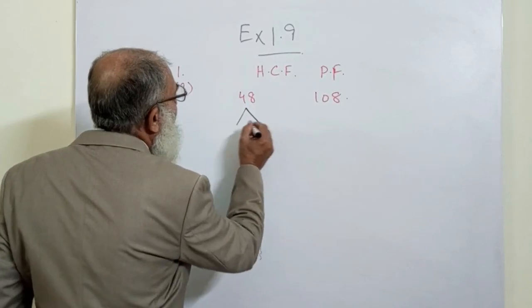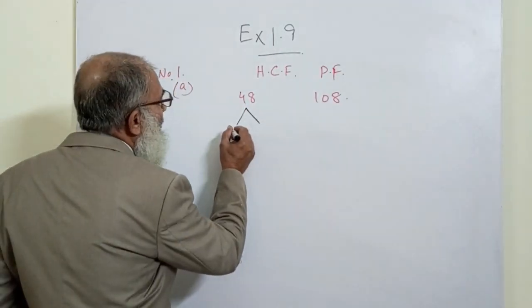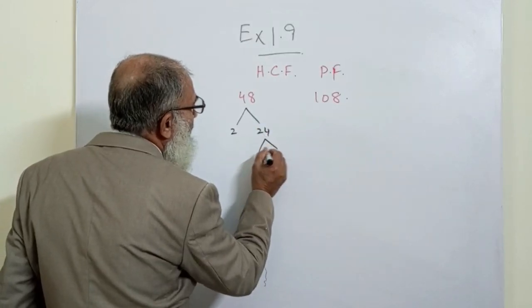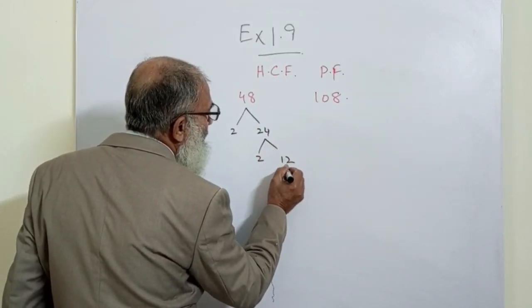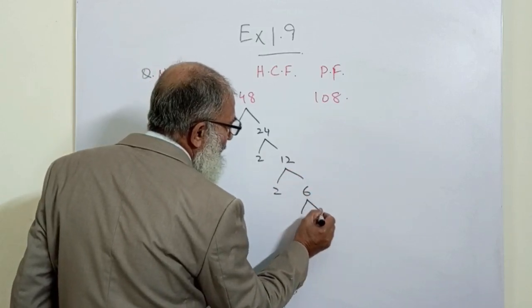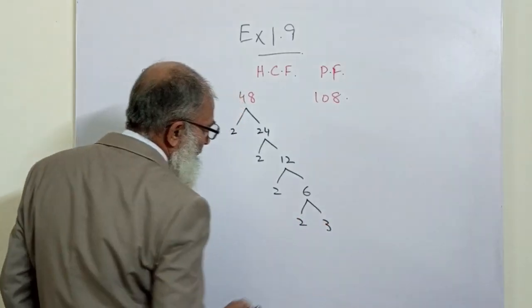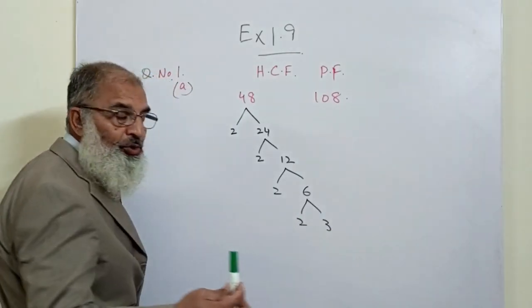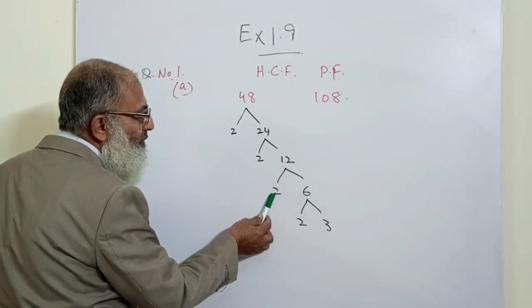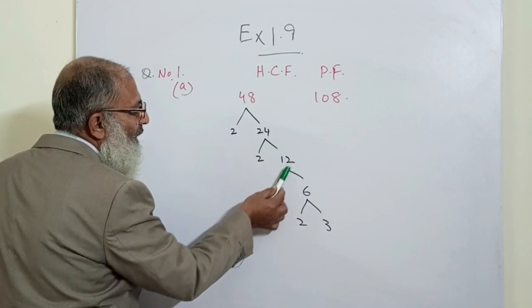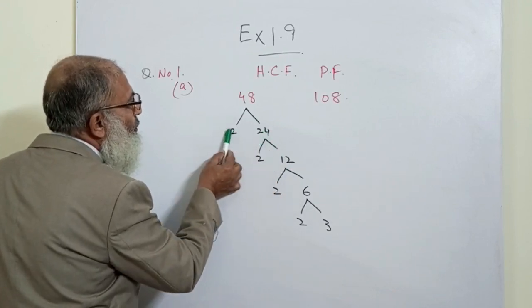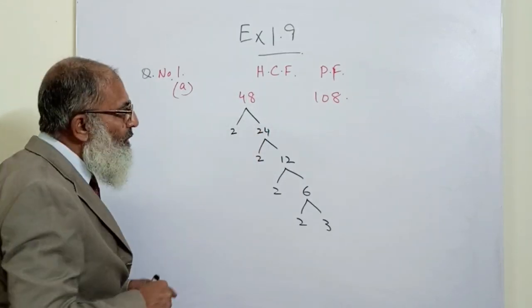So what comes here is 2, 24, again 2, 12, again 2, 6, and again 2, 3. Now you see, I am going to check it backwards. 3 2 times 6, 6 2 times 12, and 12 2 times 24, and 24 2 times 48. Okay, it is good enough.